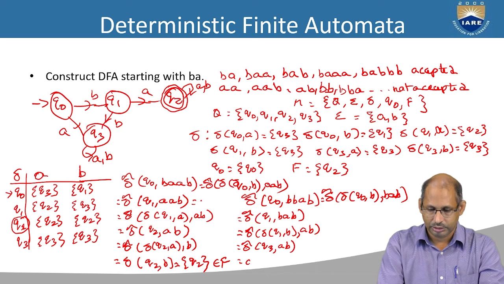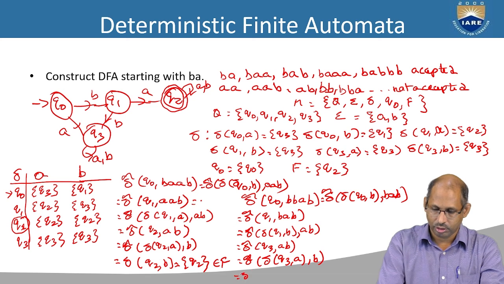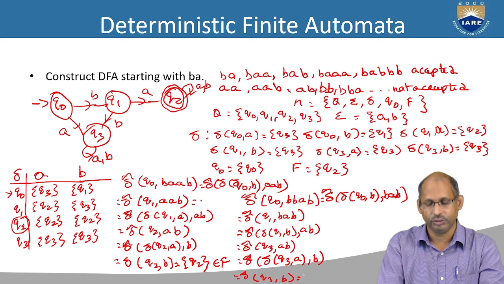Then string transition function, Q3 on A followed by B. What is Q3 on A? Q3 on A will give Q3 only. Q3 on B gives Q3.